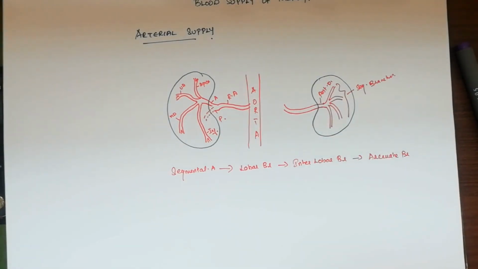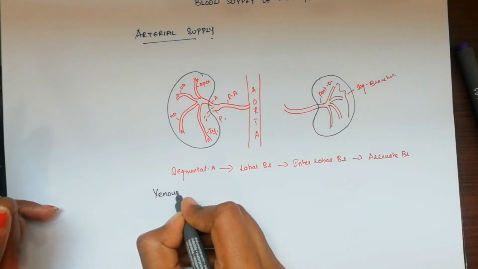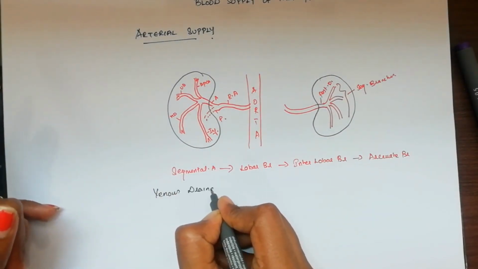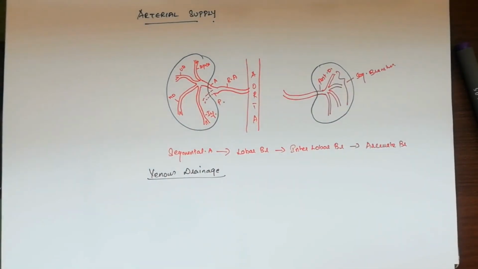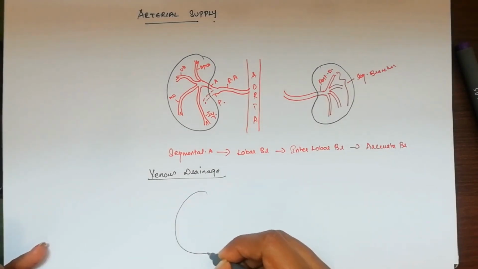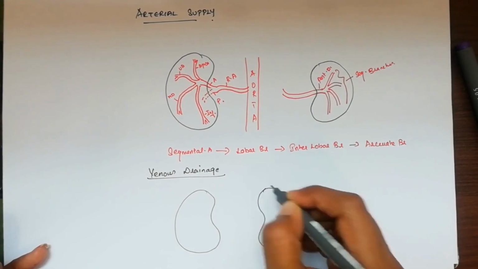Now talking about venous drainage. We have the right kidney and left kidney.